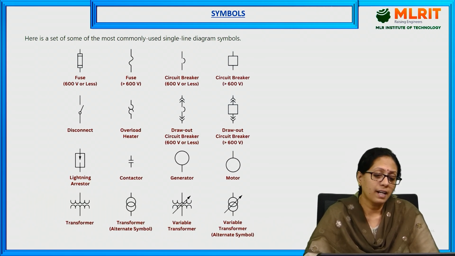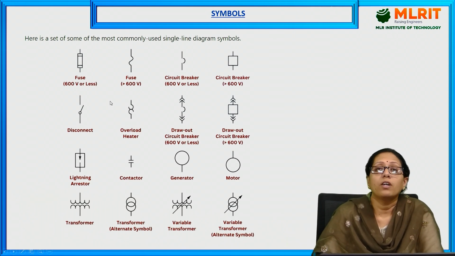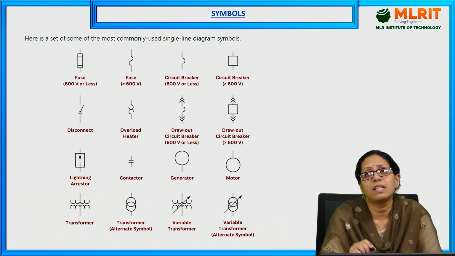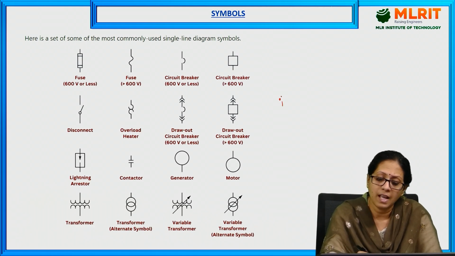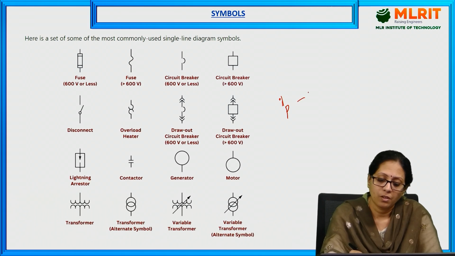In a single line diagram we will have different elements or components. For each and every single line diagram, you should compulsorily have one input, or you can say input source.